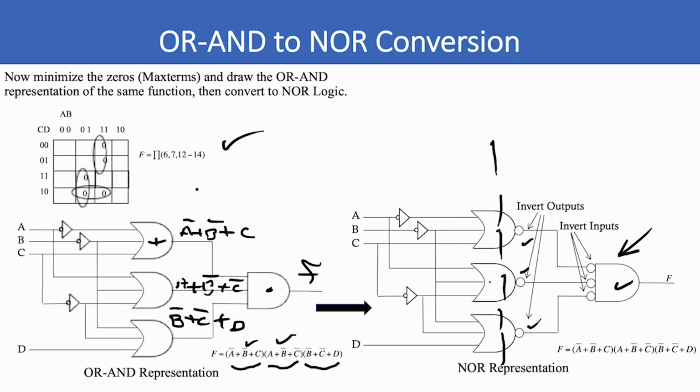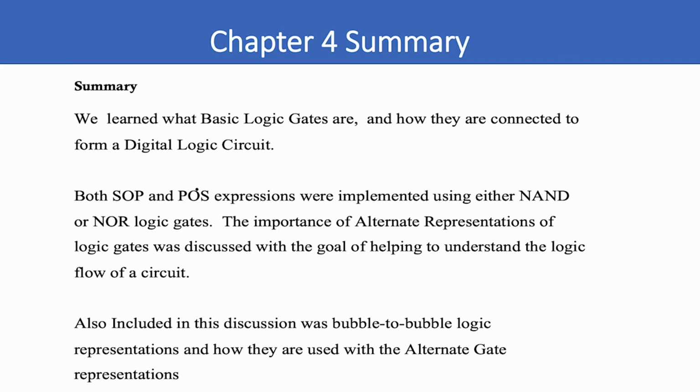Maybe the NOR gates are a little more expensive than the NAND gates, but from a size, power, and number of gates implementation standpoint, you can go either way. The NOR gate implementation may have fewer gates, so you can compare the two, but typically most people use NAND gate implementations. So what did we learn in this chapter?